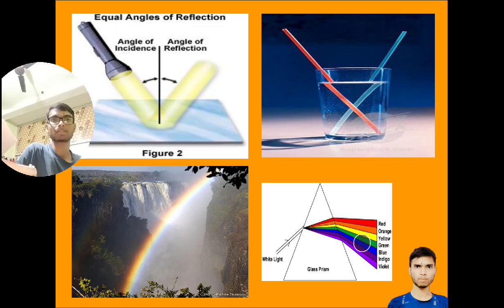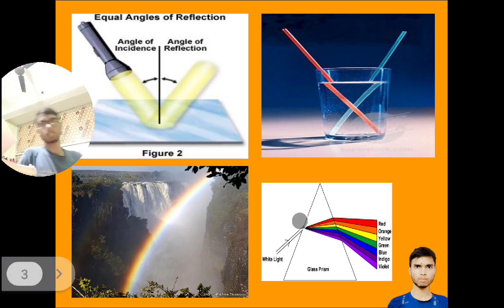This is what happens with the white color. Again, I am telling you about it in too much detail. We will cover it in a separate lecture, in a separate slide. You will understand more about it in the lecture on the human eye and the colorful world. Okay, so this slide is clear, is done for you.